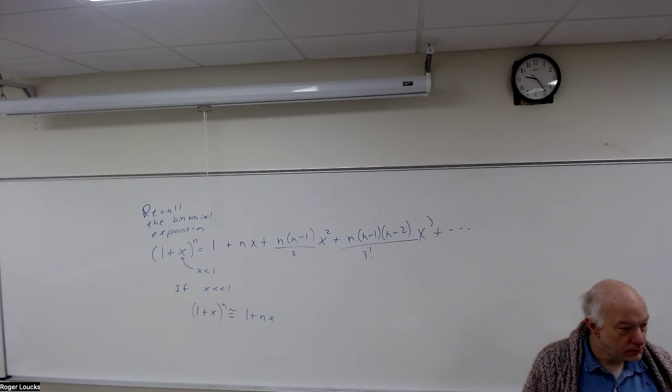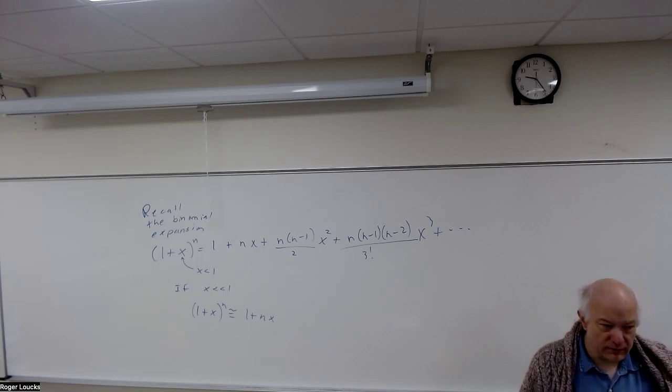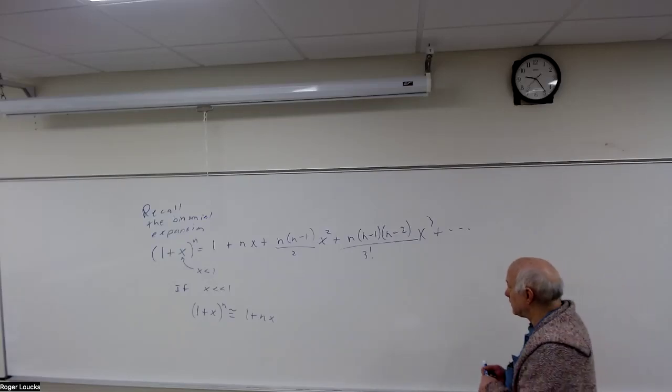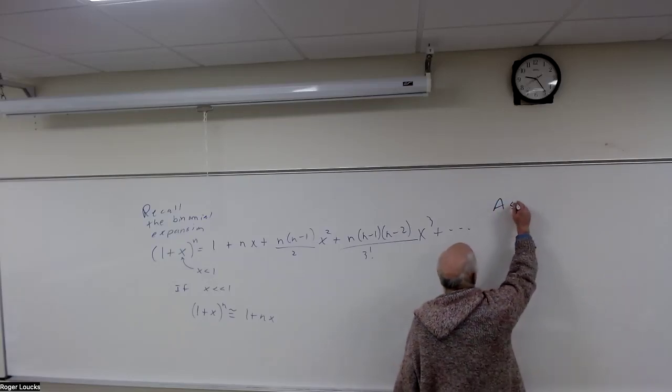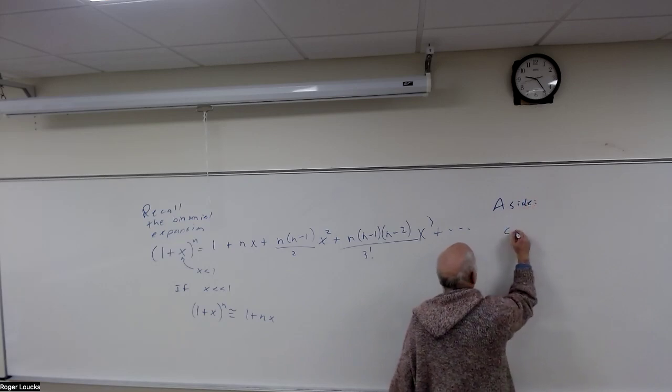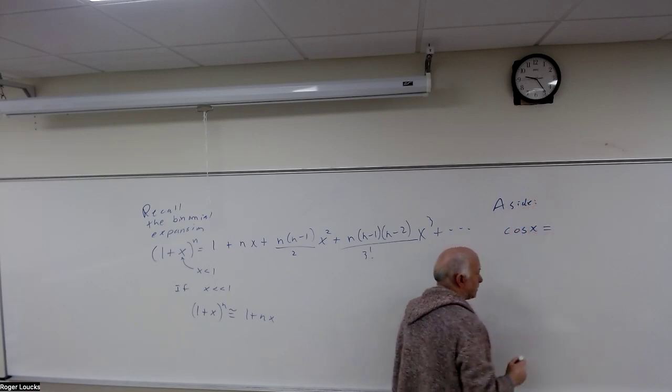Which one? Sine of x, cosine of x. Tangent actually you can, but that one doesn't occur as much. The exponential. Okay. Let me just say a little bit more about this. This is an aside. What is the cosine of x?